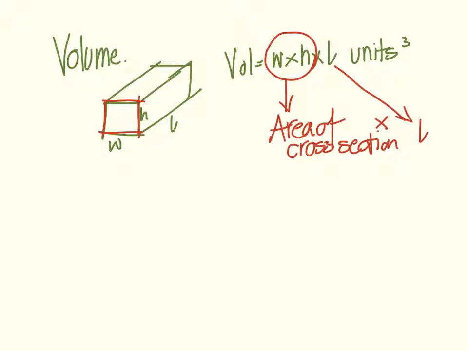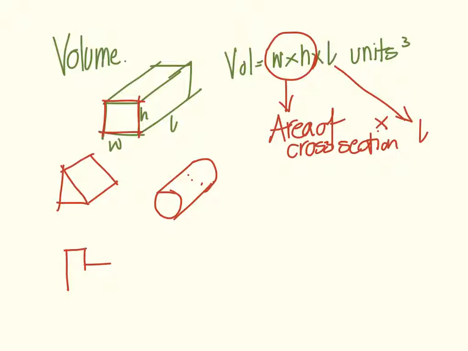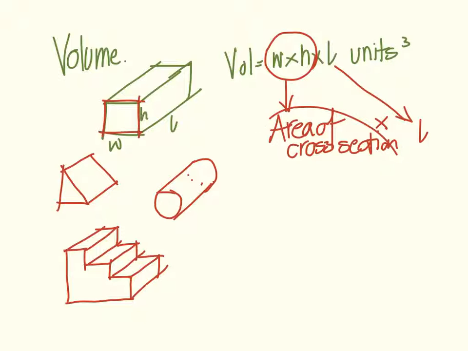Okay, so whether it is a triangle or whether it's a cylinder or whether it's another shape that you have to calculate the area of, no matter what happens, it all comes down to that basic calculation of the area of the cross section multiplied by the length. Okay, so that is for a regular prism.